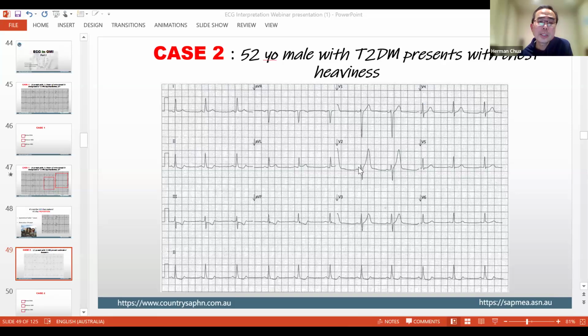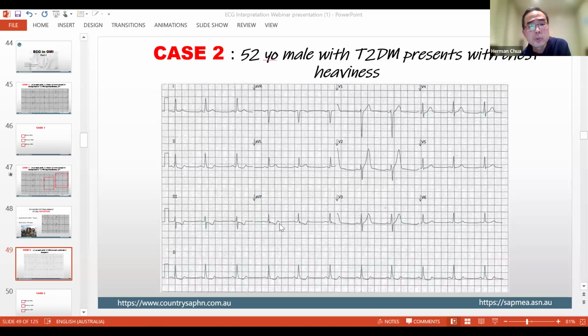The other thing that you notice is in leads 3 and aVF. Maybe this is where it may lead people astray. People think, oh yeah, inferior changes here. But the ST depression and T wave inversion that you can see here, in fact the T wave has a little bit of a biphasic nature to it, a negative positive.